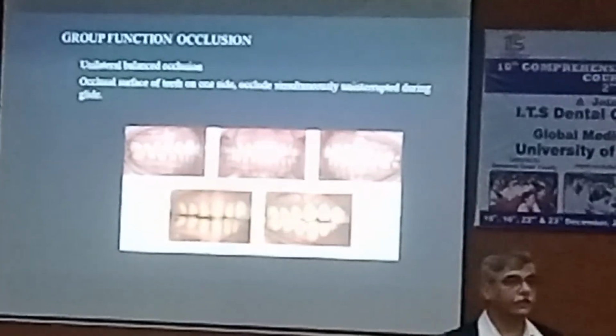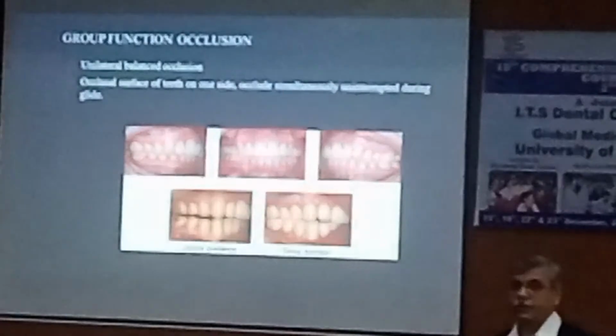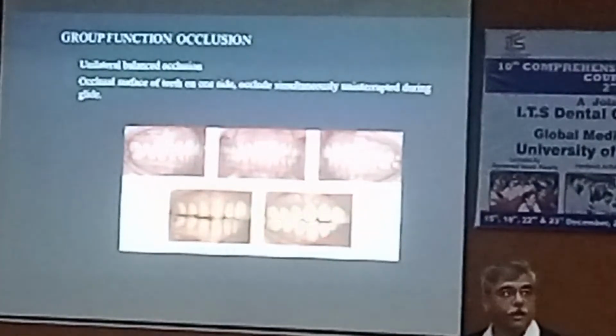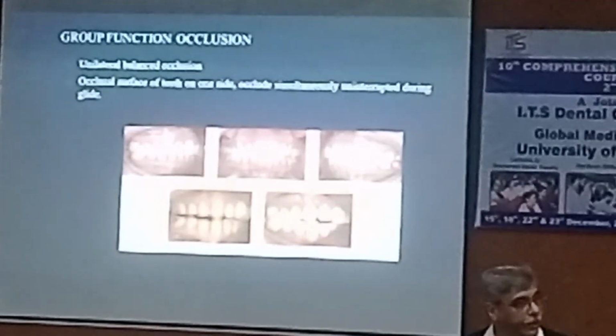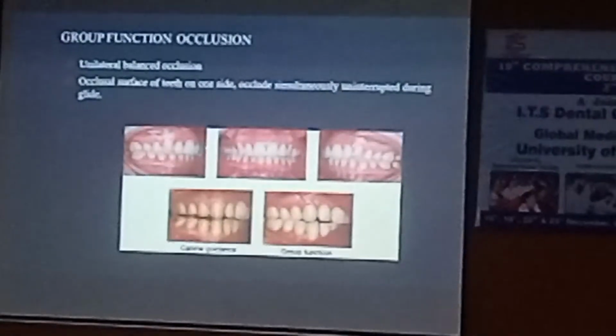I want the answer. Because canine is the longest tooth. So the crown root ratio will be very favorable. You have a canine buttress, so the bone is very dense there, so it can bear a lot of your horizontal forces. Clear? Right? Then where do we give group functions?